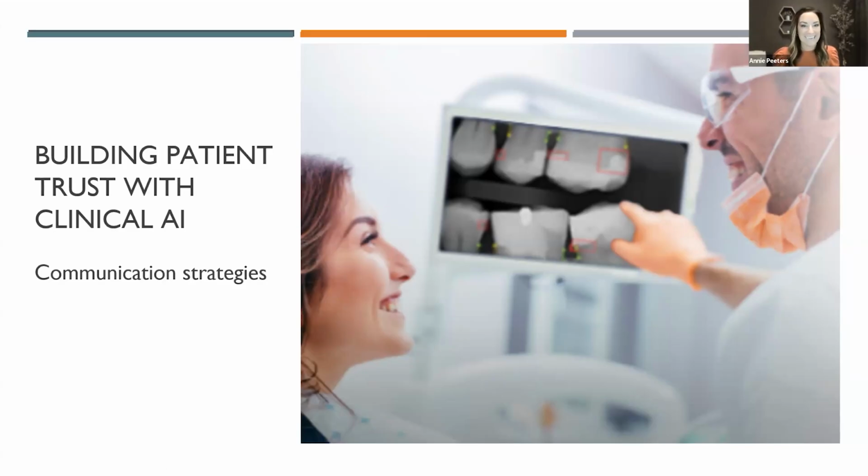You've seen a lot of the AI in tonight's presentation, and instead of using technical jargon, dentists describe AI findings in very, very simple terms. For example, saying this area shows early tooth decay rather than incipient caries. Visual aids like highlighted images help patients see what you see. So tying that back to that slide in the very beginning, teaching those patients to see what you see.